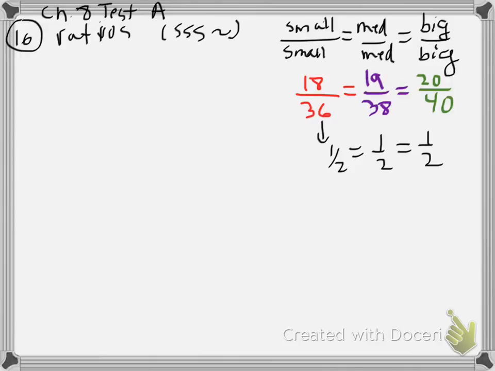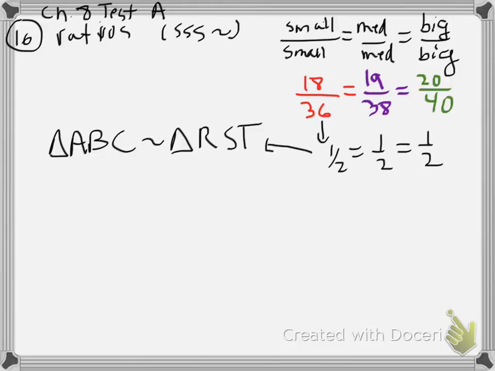So it looks like we figured it out. Triangle ABC is similar to triangle RST because of that right there.